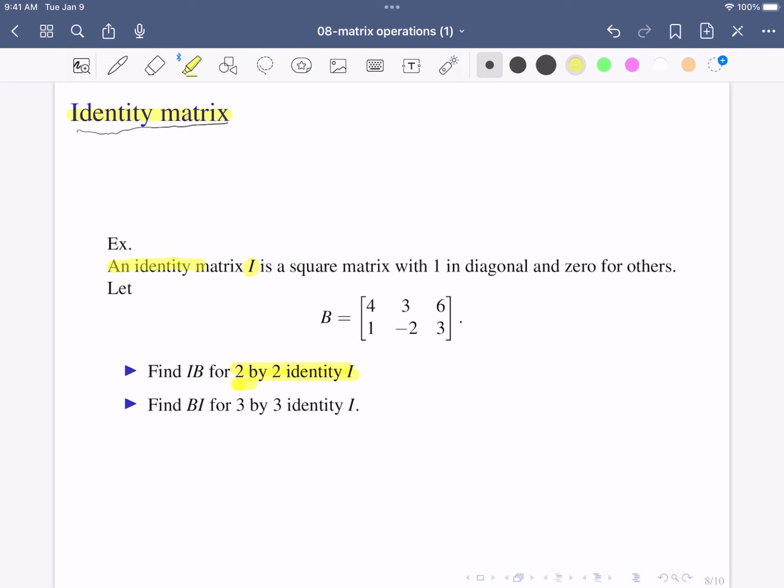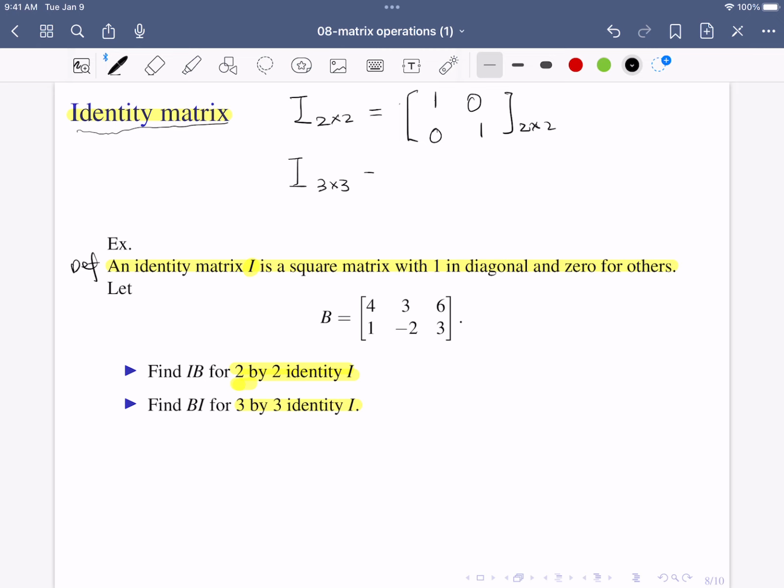By this definition, the 2 by 2 identity matrix is a matrix of 2 by 2 which has 1 in the diagonal and 0 for others. What is the 3 by 3 identity matrix? Then we can say it's a square matrix of 3 by 3 with diagonal entries 1 and otherwise all zeros.